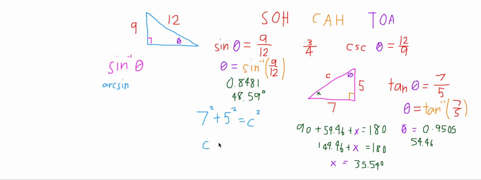To solve for c, we want the square root of 7 squared plus 5 squared. If you calculate this, it should give us 8.6023, basically. And that's the missing side, and we found all the angles.